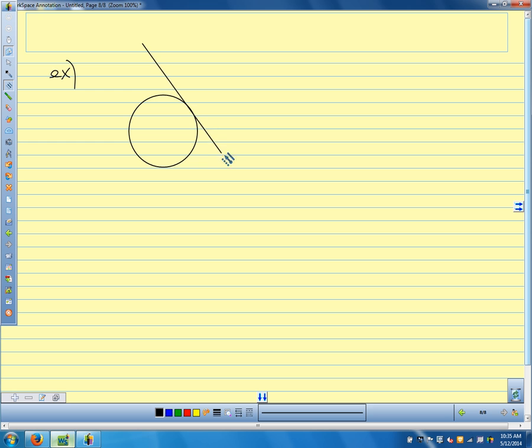So here's my triangle. There's my setup, and we know that the circle is inscribed in the triangle.